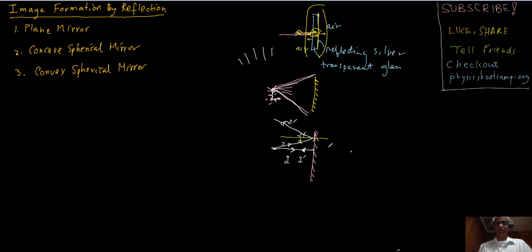So these are real rays. So we draw virtual rays. We extend these backward. So if this is P, then we call this the image of object point P, and this is a virtual image.